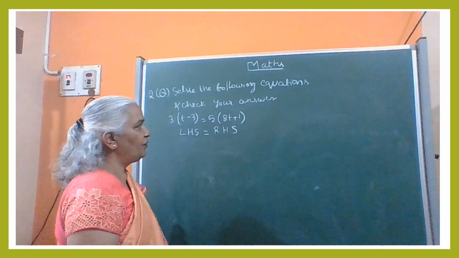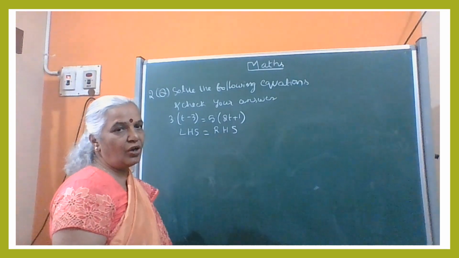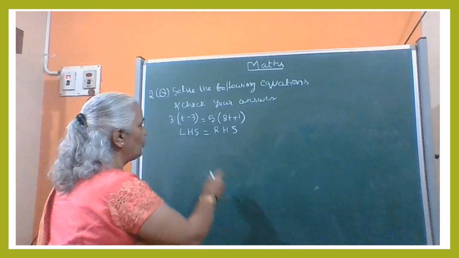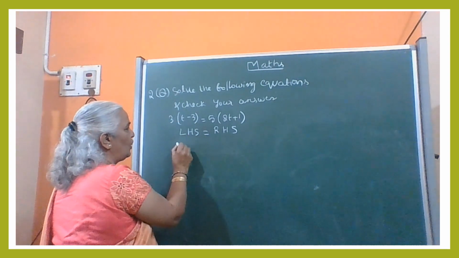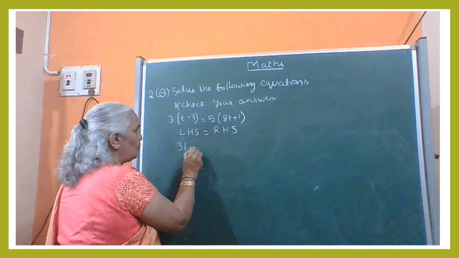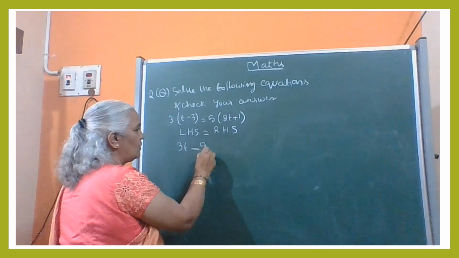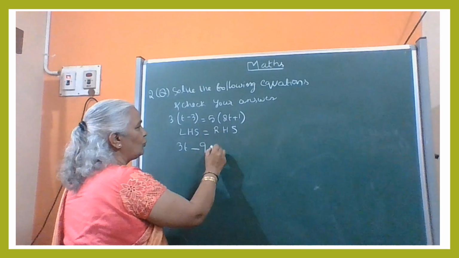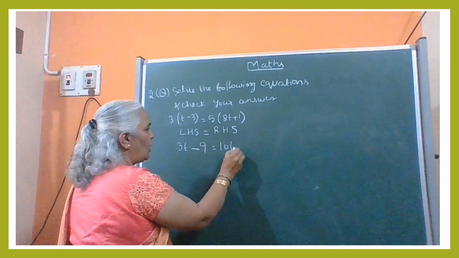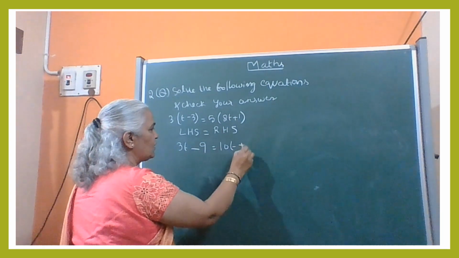Now here there is a bracket. You have to remove the bracket. 3 into t is 3t. 3 into 3 is 9. And 5 into 2t is 10t. And 5 into 1 is 5.